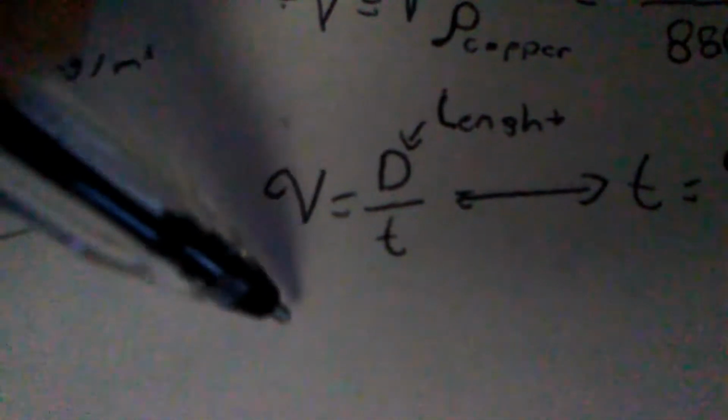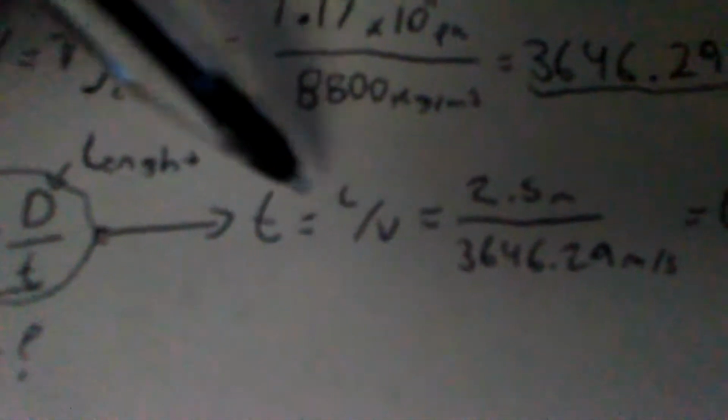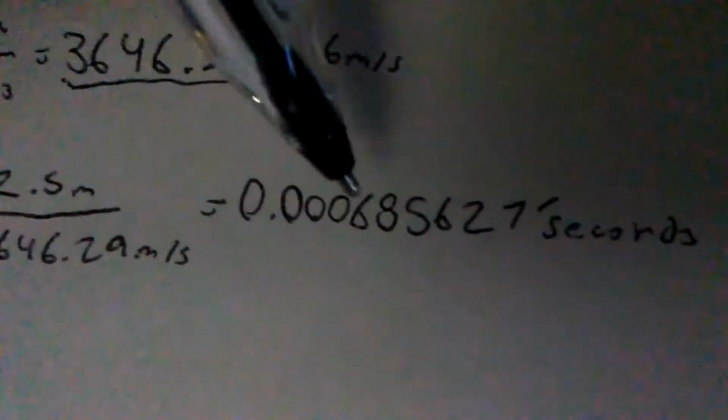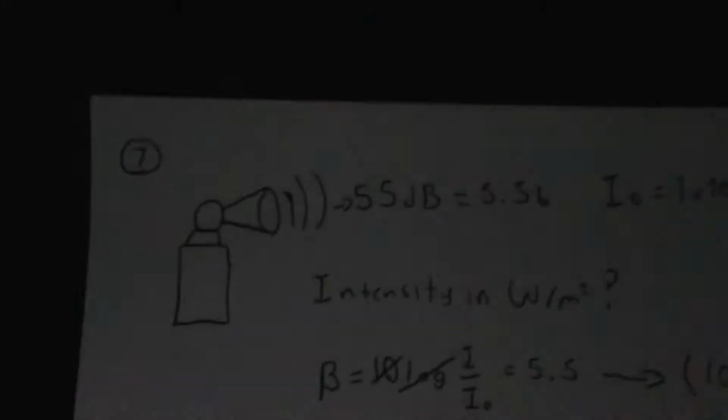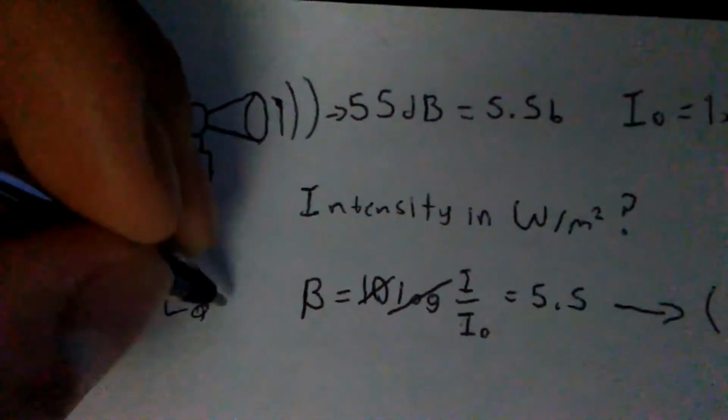We need the speed because we don't have a specific formula for time on this topic, so we can use the regular velocity formula, being distance over time, and we would just have to clear out for the time, giving us the result of a travel time of 0.00068 seconds.